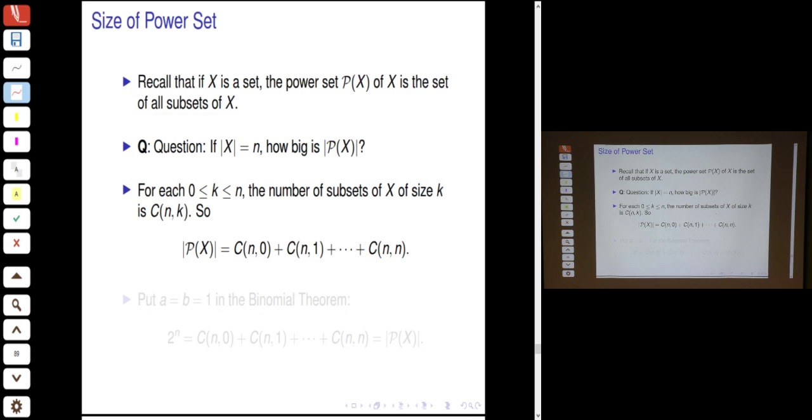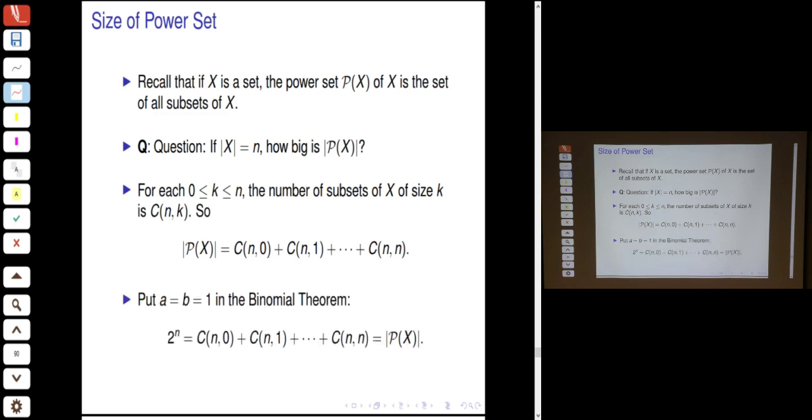So you add them together, and this will give you the size of the power set. So the size of the power set of X is the sum of these binomial coefficients. Now, do we know how to calculate this?